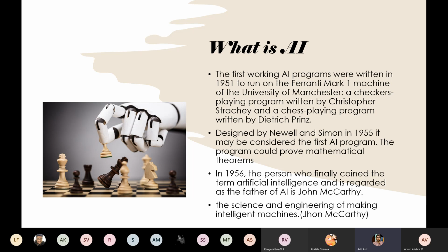There's also one more chess program, written by Alan Turing, that is confused with being the first program. I hope you all know who Alan Turing is. These guys started off with writing a checker program and a chess program, which would analyze the current status of the game and give the outputs.